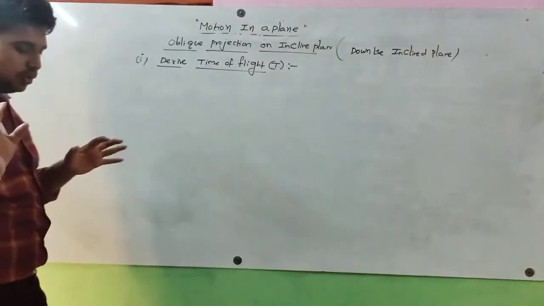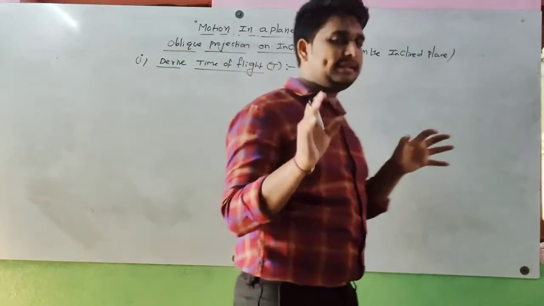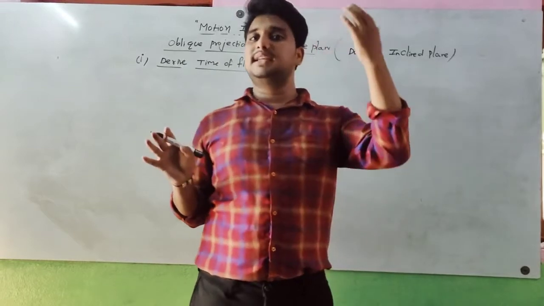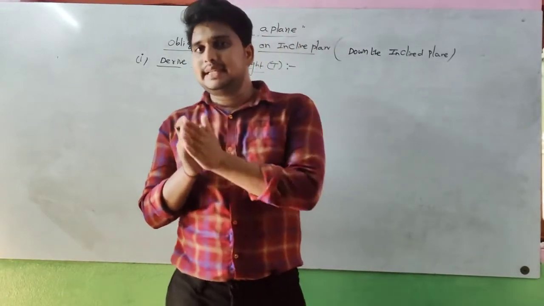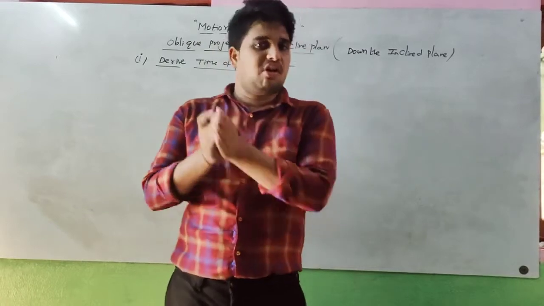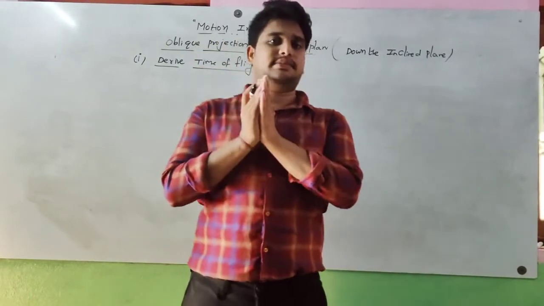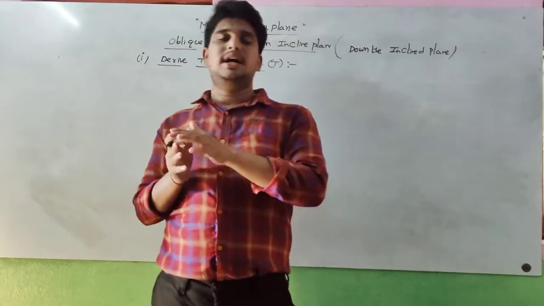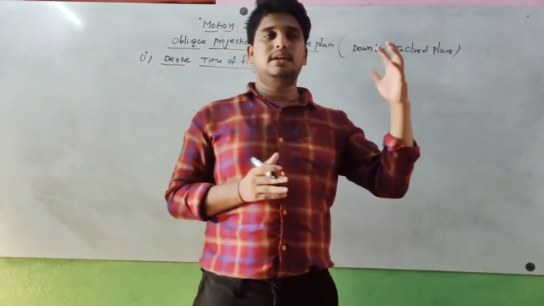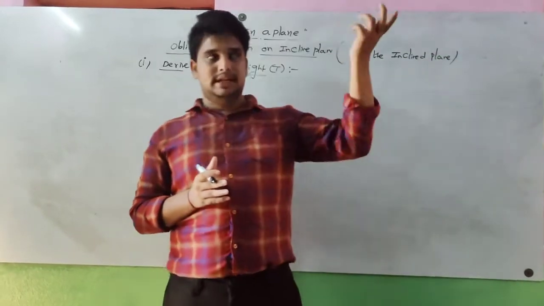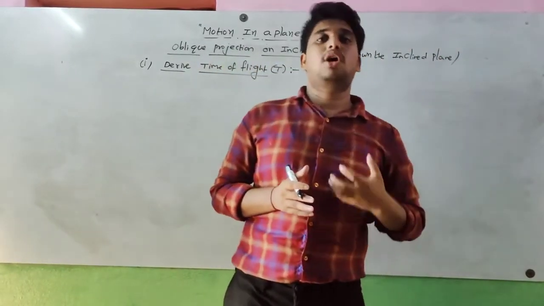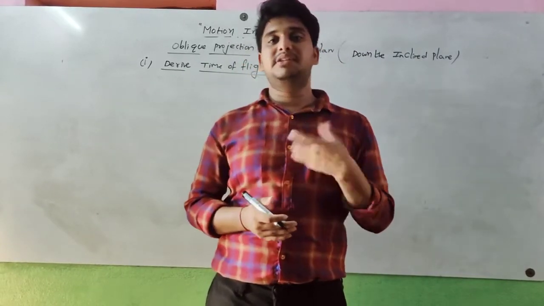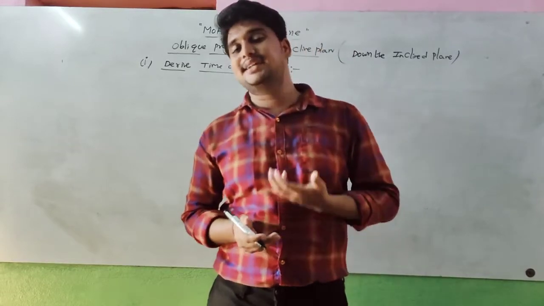If you know the concept of finding time of flight in oblique projection up the inclined plane, it is easy to find the time of flight derivation for oblique projection down the inclined plane, because these two are similar and the relations are similar. If you have an idea about oblique projection up the inclined plane, it is easy to understand the down the inclined plane derivations, time, maximum height and range.